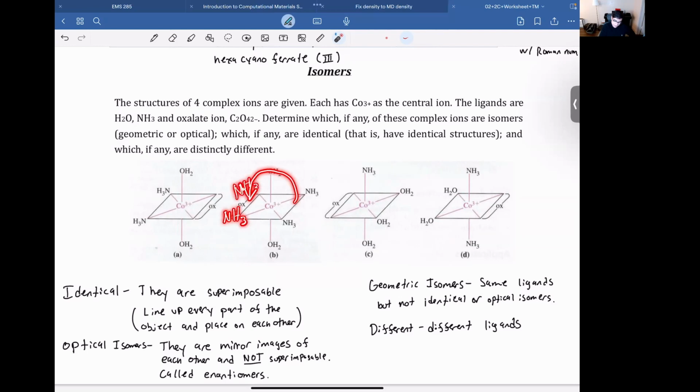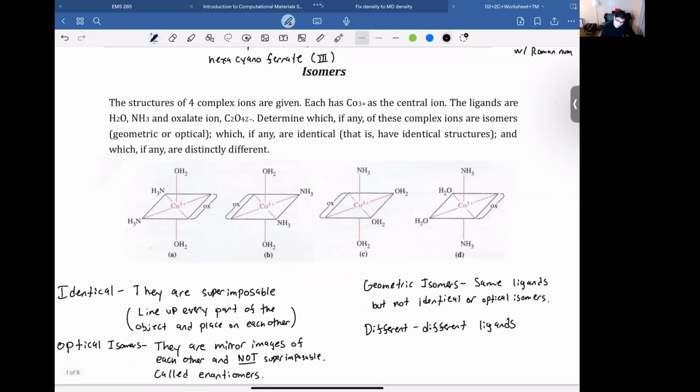I would end up with my OH2 groups still on the top and the bottom because they're on the top and the bottom already. And then I would end up with my oxalate group over here. Now, this is exactly the same as A.